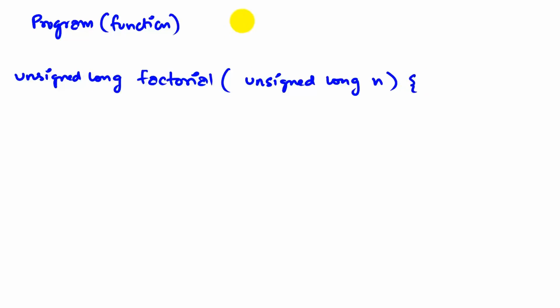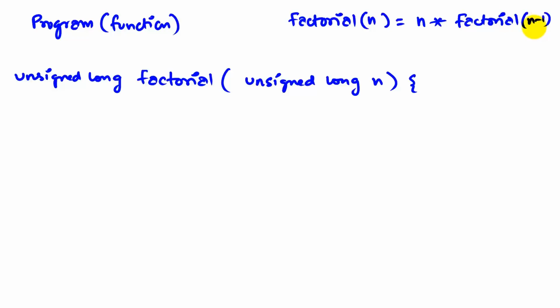What we know from the mathematical context is factorial of n equals n times factorial of n minus 1. This is our inductive step, and the base case is factorial of 1 equals 1.